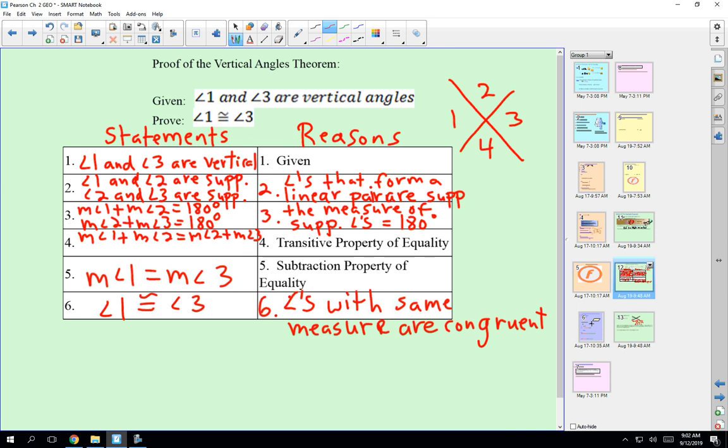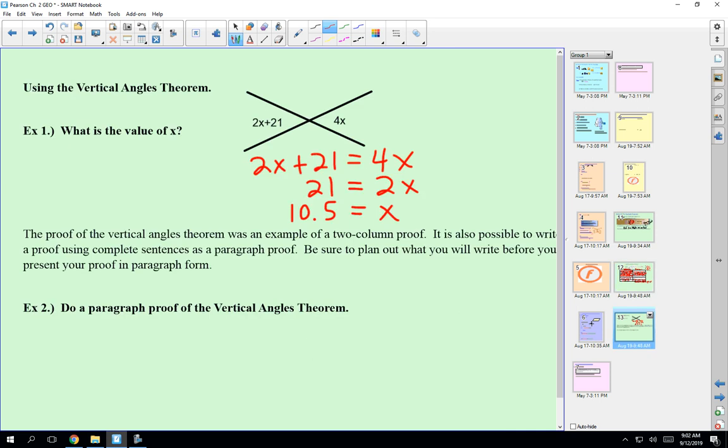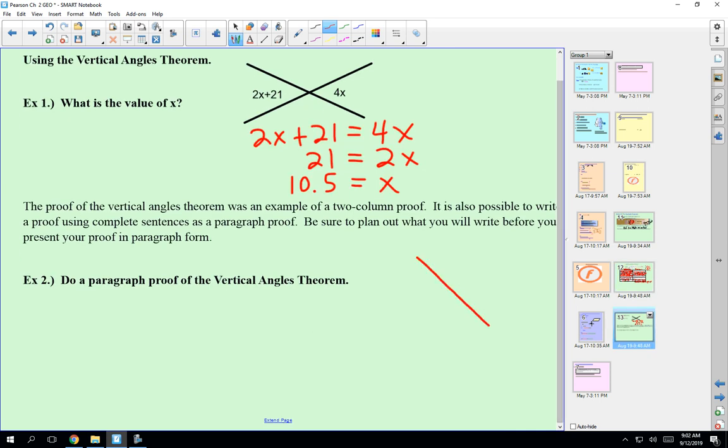So there's our plan. We almost need the picture here again, so it goes like this. There's 1 and 3, 2 and 4.